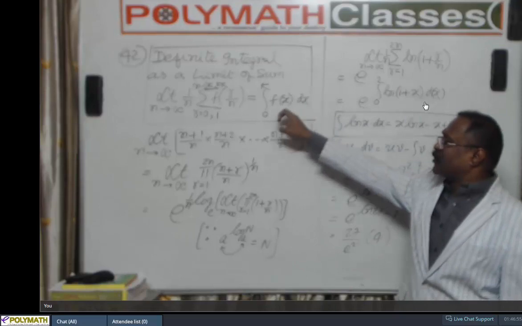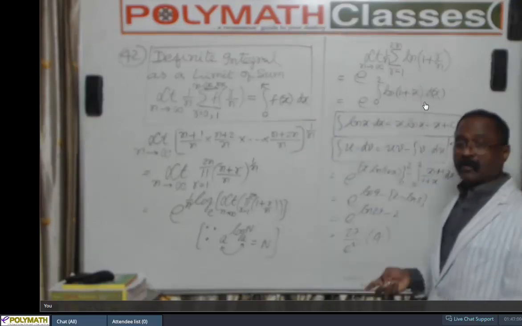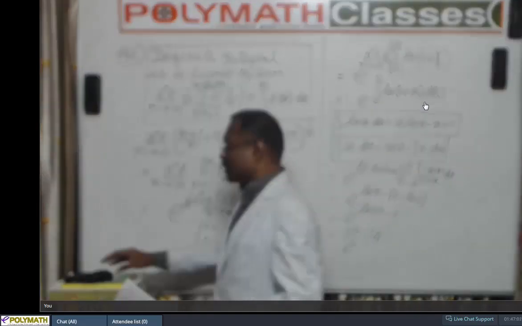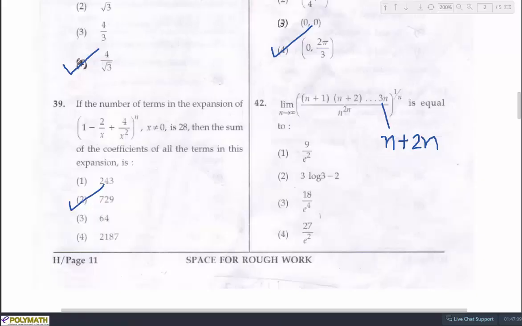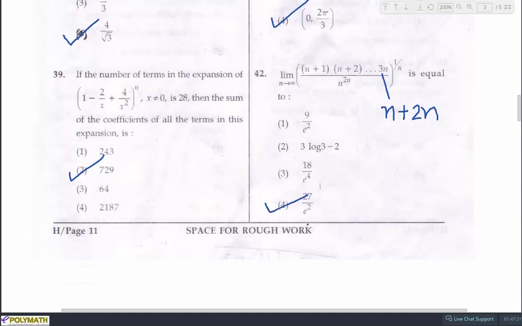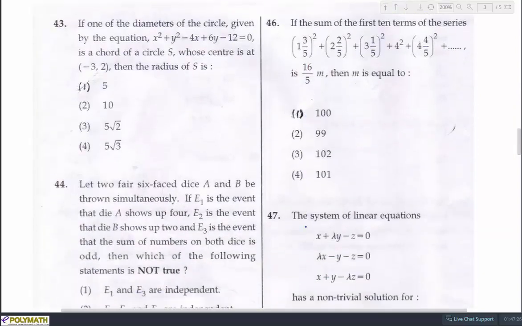For the explanation purpose, I gave you all this, but you can jump off directly to this step and solve this. So in this case, the option is 4. It is a limit problem linked with the definite integral. Now let us see the next question, 43.